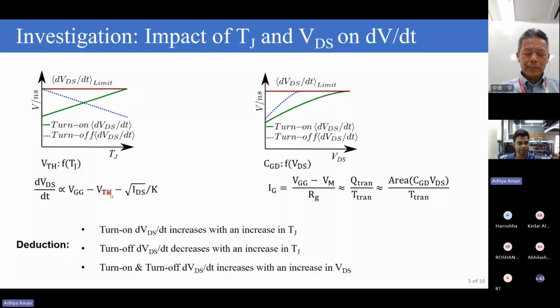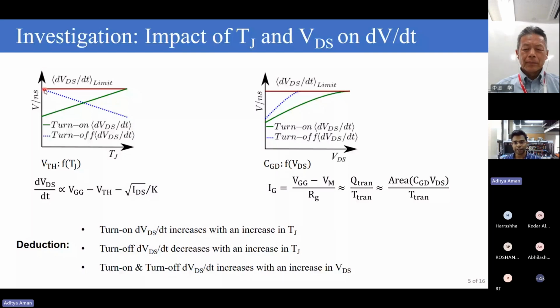So as the junction temperature increases, the Vth is expected to fall. And if Vth falls, the dV by dt is expected to increase. So for turn-on transition, the dV by dt is expected to increase and is shown here by this green curve. For the turn-off transition, the effect is just opposite, and the dV by dt will be decreasing.